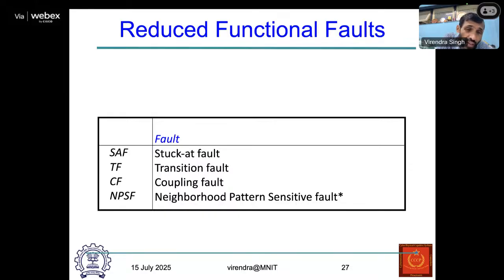Then if I expand this neighborhood, not only your neighbor but then your neighbor to neighbor, in that case I can say consider the 8 cells, which are one row up, one row down, one column left, one column right. So those are the 8 cells, and if I go for the 8 cells, I have to check for all 256 patterns.